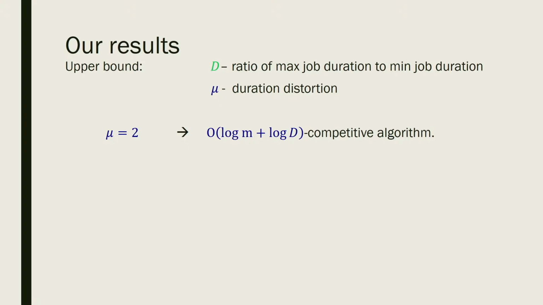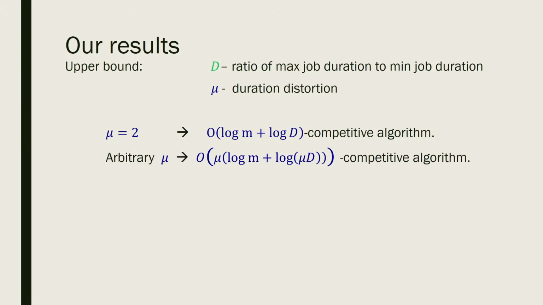So you don't need to know the exact duration. Although, if there is a ratio of 2 in the estimation, the value of the solution can be different. Although the value of the solution is different, the competitive ratio remains the same. It's a bit tricky. You have to think about it a little bit.